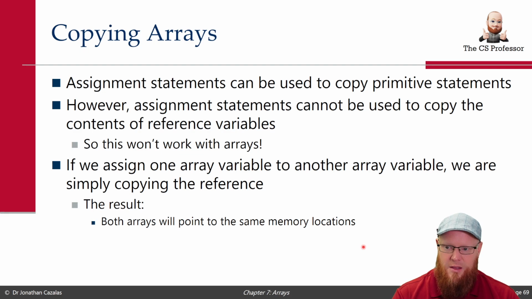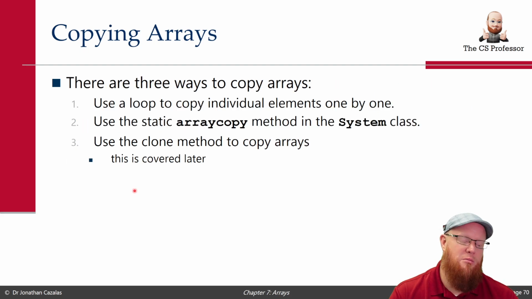So how do we ultimately copy an array? Because the assignment statement, as we just saw, will copy the address. If we assign one array variable to another array variable, we are simply copying the reference. And now both of those array variables will point to the exact same memory location. It turns out there's 3 ways we can do this.